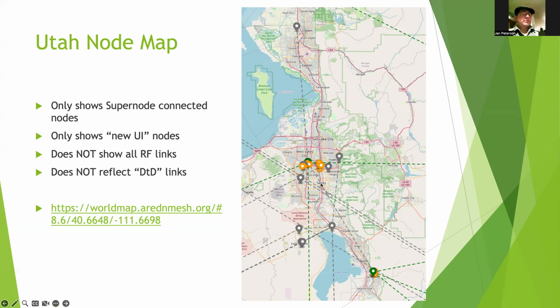So let's talk a little bit more about tunnels. What a tunnel does is it basically creates a pipe through the internet that goes from one node to another node and allows you to run either the OLSR or the Babel routing protocol over that link.